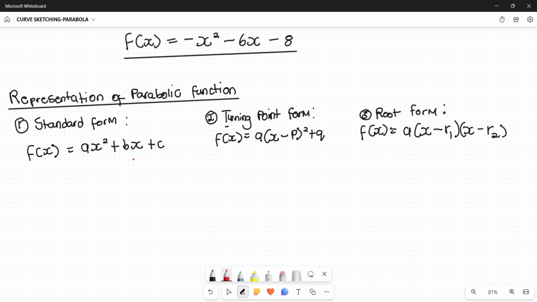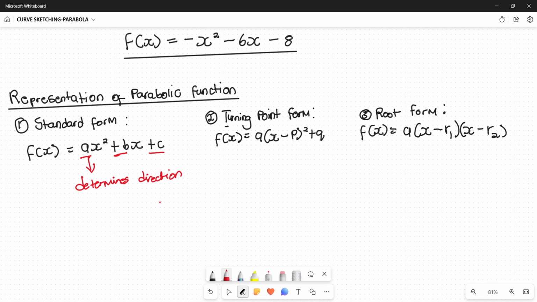In this form, a, b and c, all of these three are constants, whereby a determines the direction of our parabola.